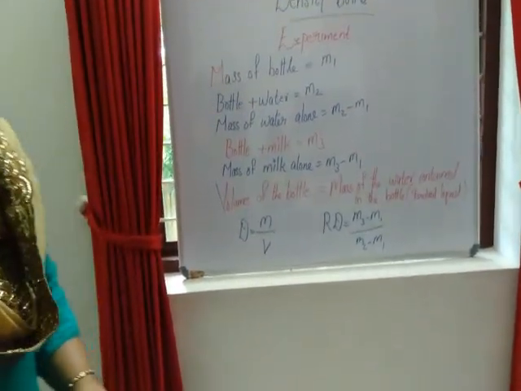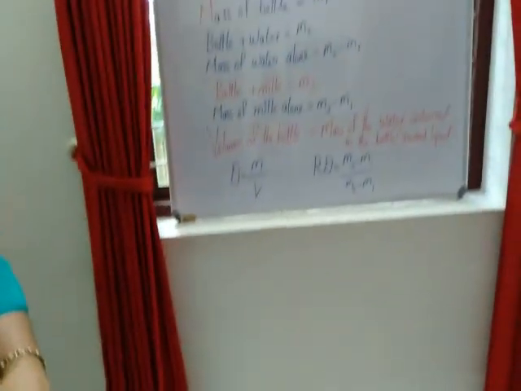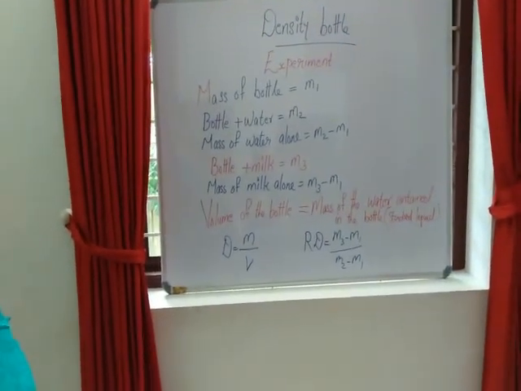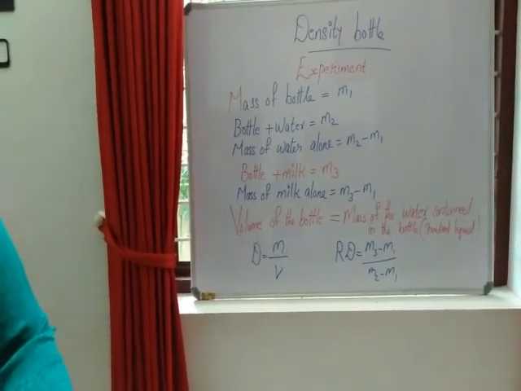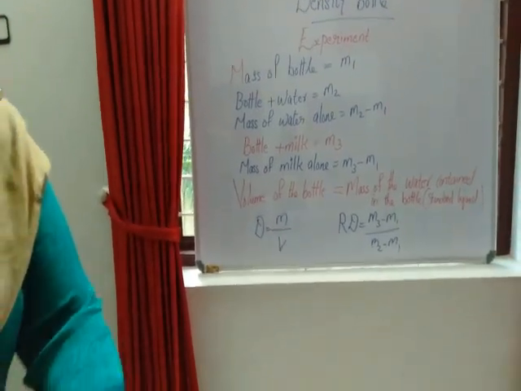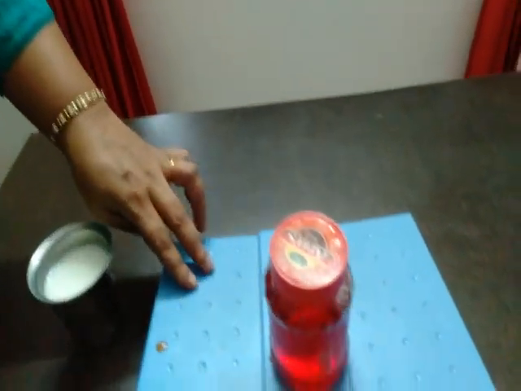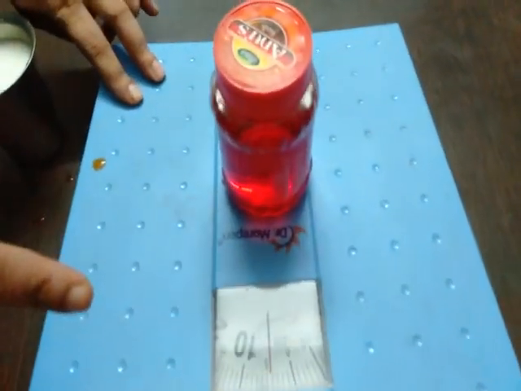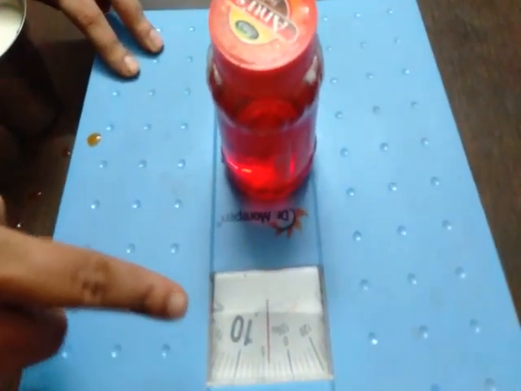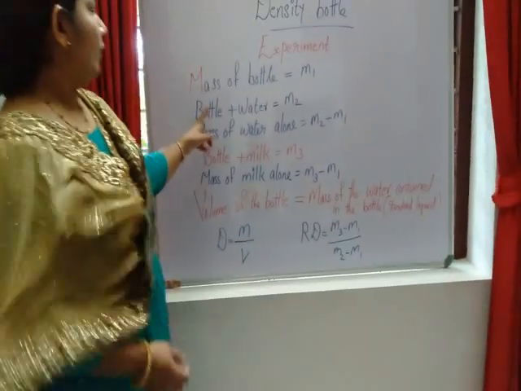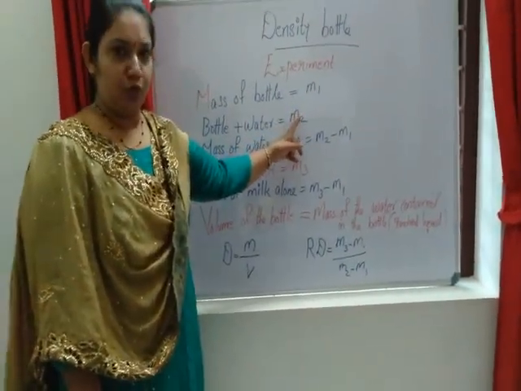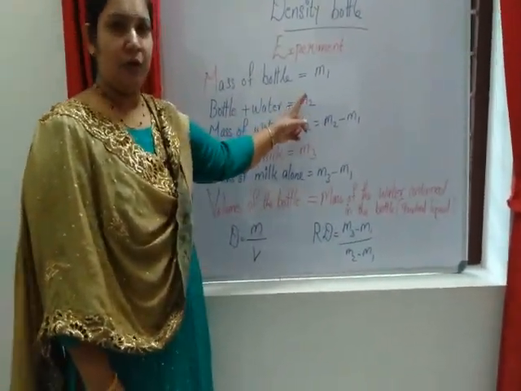After that we have to fill the empty density bottle with water, our normal water, and again measure its mass. Here you can see the mass has increased. The mass of the bottle plus water we write as M2.